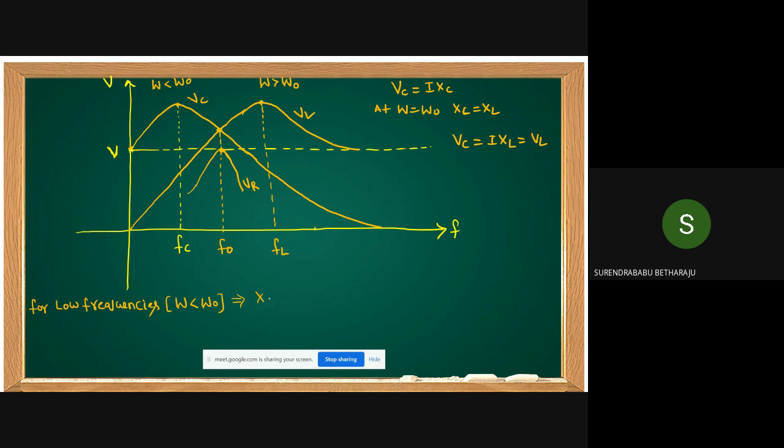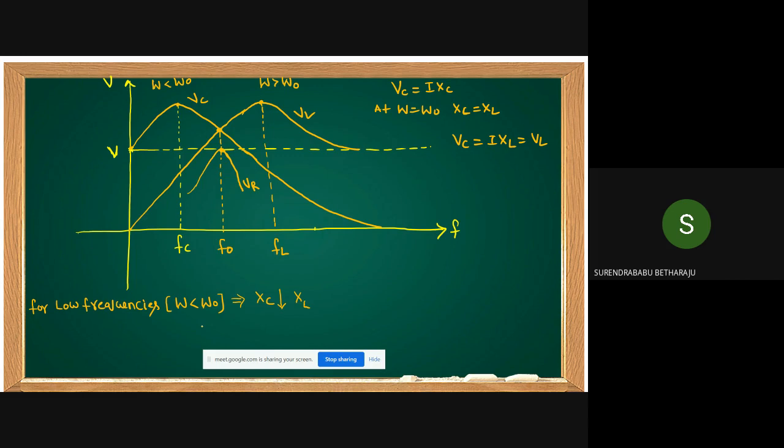Then Xc is increasing or reducing? XL is which one, students? XL is increasing. For low frequencies, F is a low value, and Xc equals 1 by 2 pi Fc.